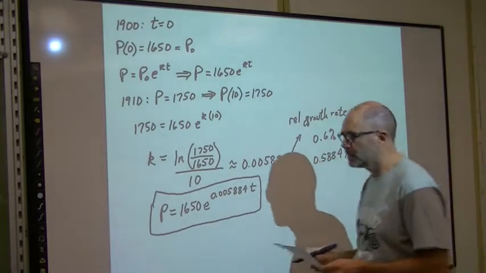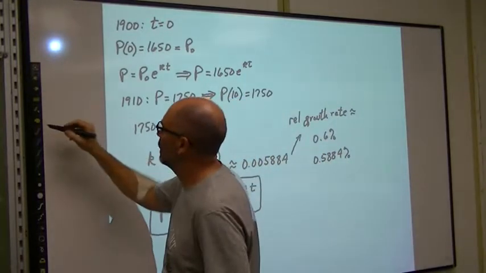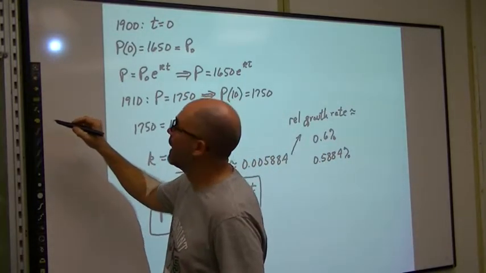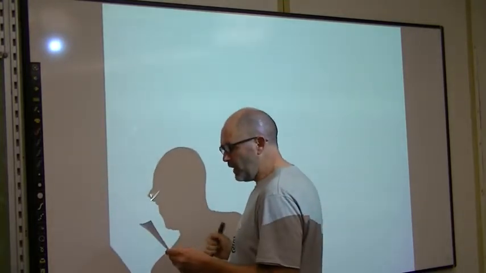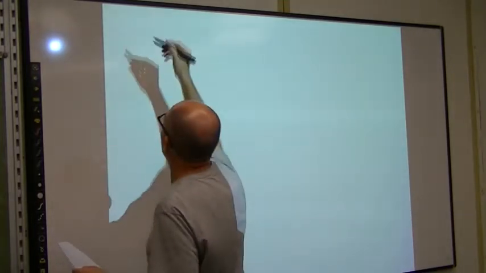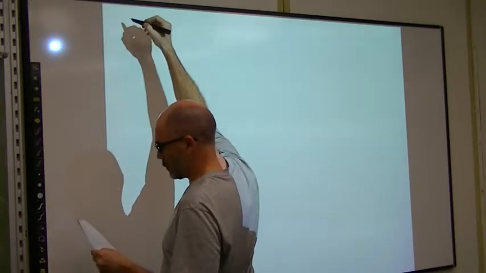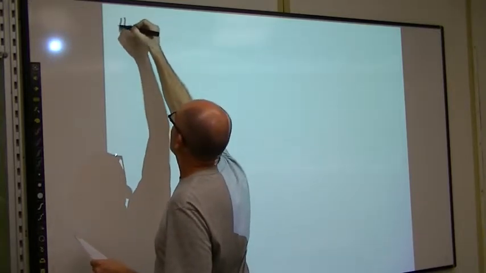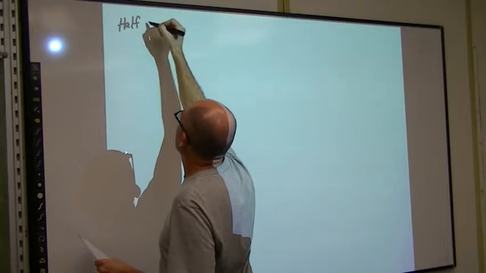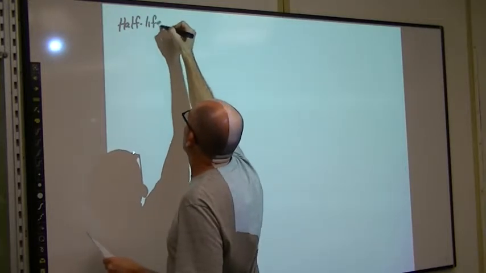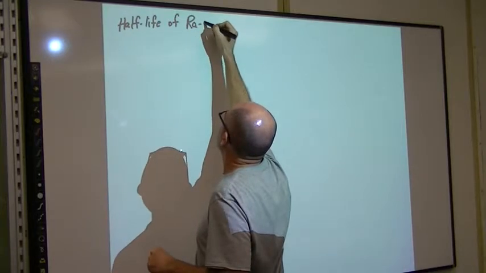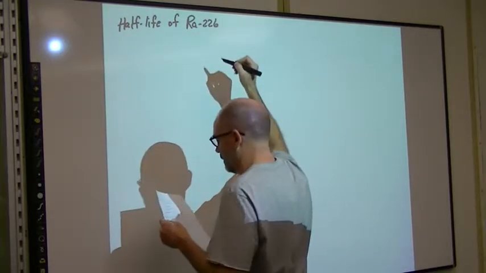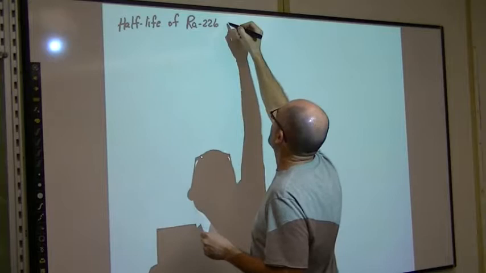All right, on to radioactive decay. So we have radium-226. The half-life of radium-226 is 1590 years.